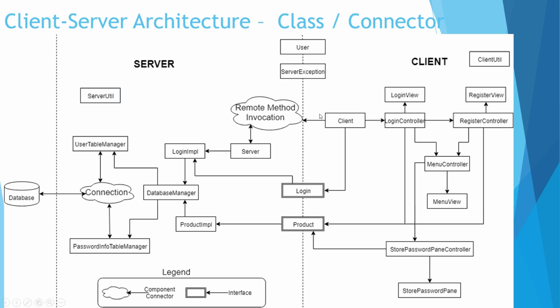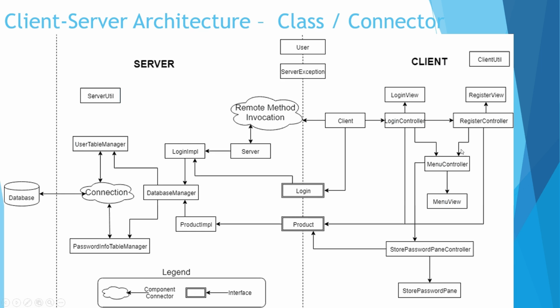But of course, once client has access to this login interface, it basically brings up the login controller, which in turn brings up the login view, which basically displays the first page, which is the login view page. From this page, you can get to the register view page basically through the controller. Then once you're actually successfully logged in, you can get to the menu controller or menu view page through the controller here.